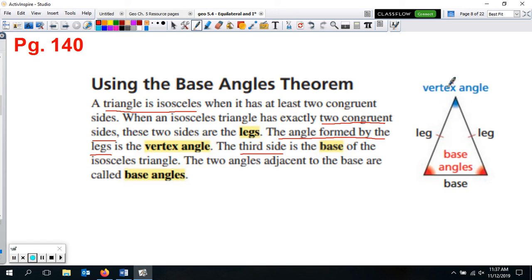The angle in between the 2 congruent sides is called the vertex angle, and then the base angles are the 2 adjacent to the base. So these 2 down below here that are adjacent at the base, those are your base angles. I would draw this picture right there next to your vocabulary. That would be very helpful.